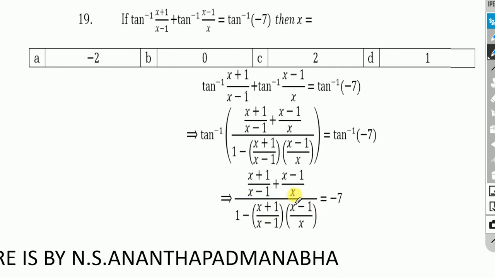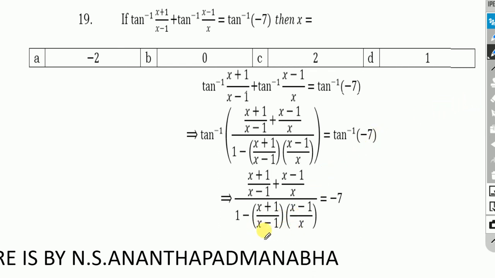Then after taking LCM, both in numerator and in the denominator, x into x minus 1 will be eliminated. I have x into x square plus x, and here I have x minus 1 into x minus 1, which is x minus 1 whole square, which is nothing but x square plus 1 minus 2x.